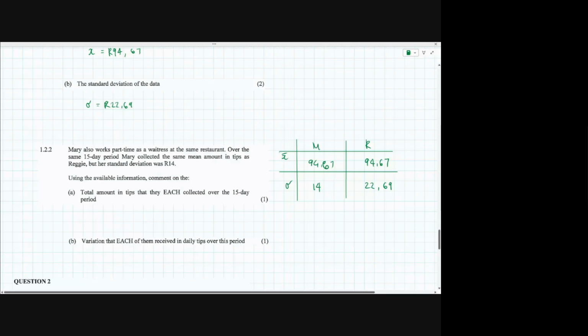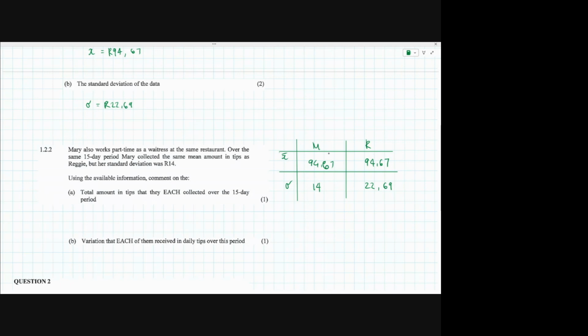Okay, so now that we have that summarized for ourselves, it says using the available information, comment on the total amount in tips that they each collected over the 15-day period. Now, we've only got mean and standard deviation to base some sort of answer off here. However, let's think about what this means.